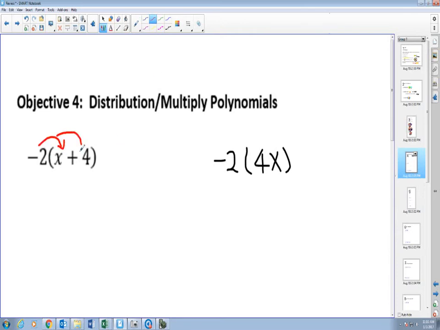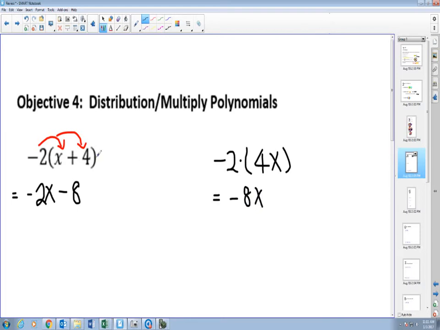So that means the negative 2 will times x, negative 2x, and then you say negative 2 times positive 4, that will give you a negative 8. Since the 2 terms are not like terms, they cannot be combined. So this is it for my expression. The one on the right-hand side has only 1 term in there, so this problem is simply negative 2 times 4x, which will make it just negative 8x.